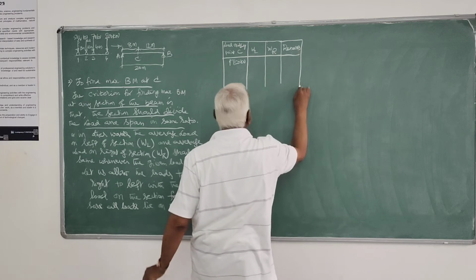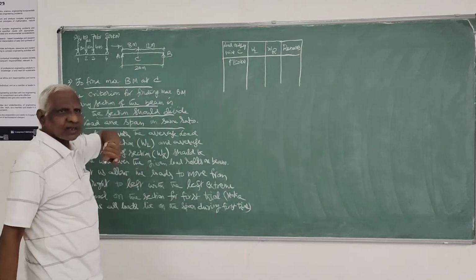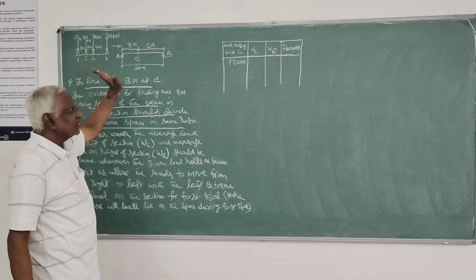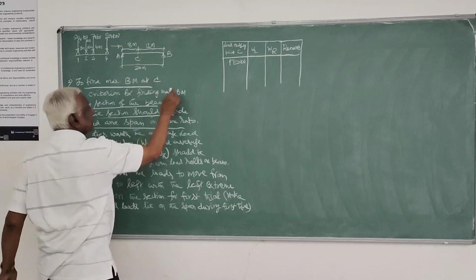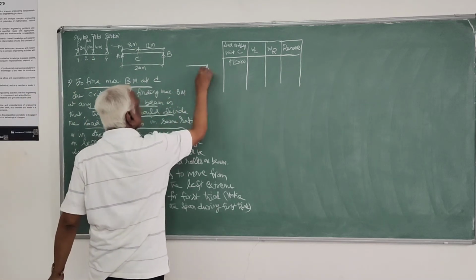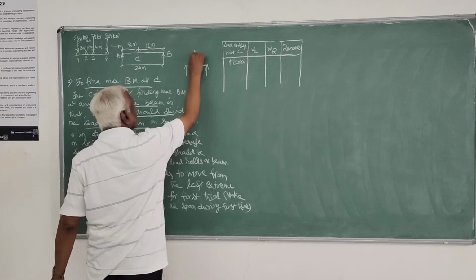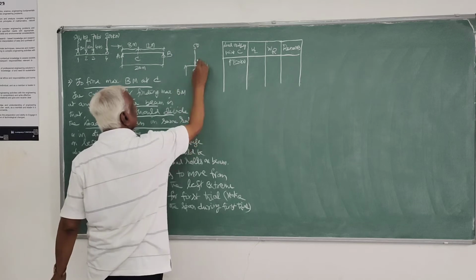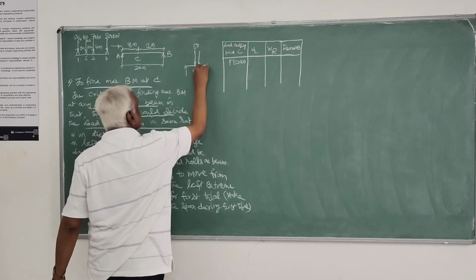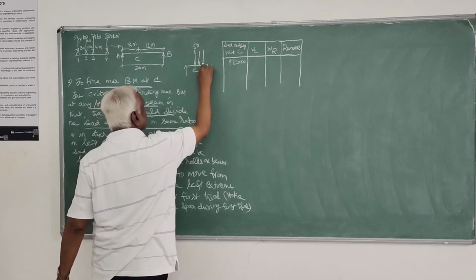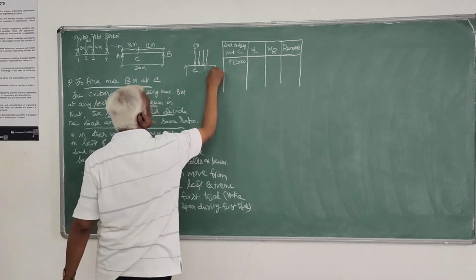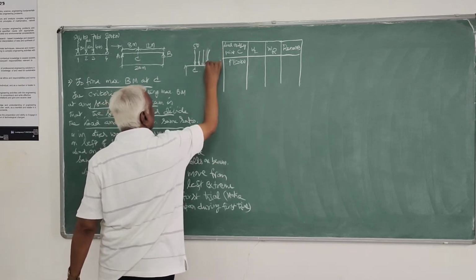So here, whenever a load is crossing C, that particular load we have to consider on the other side. First I am placing the 50 kilonewton load here at C, and all other loads will be just behind it, like that.